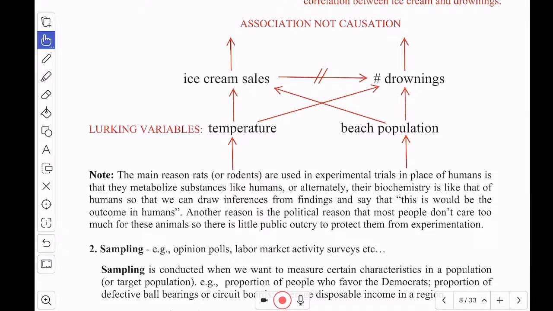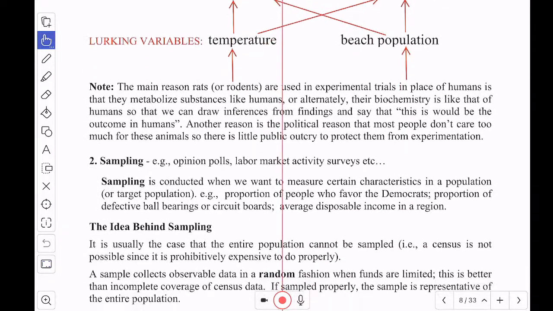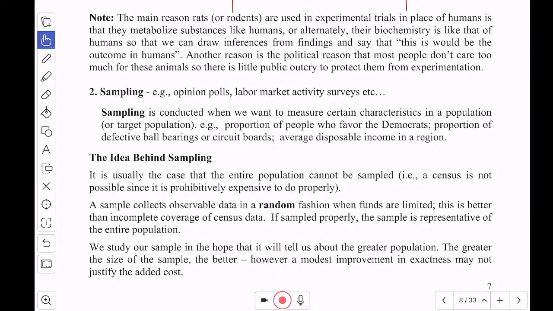So I mentioned here in the notes that the use of rodents in experimental trials in place of humans is obvious, right? It's safer, but on the other hand, it's still not a human.